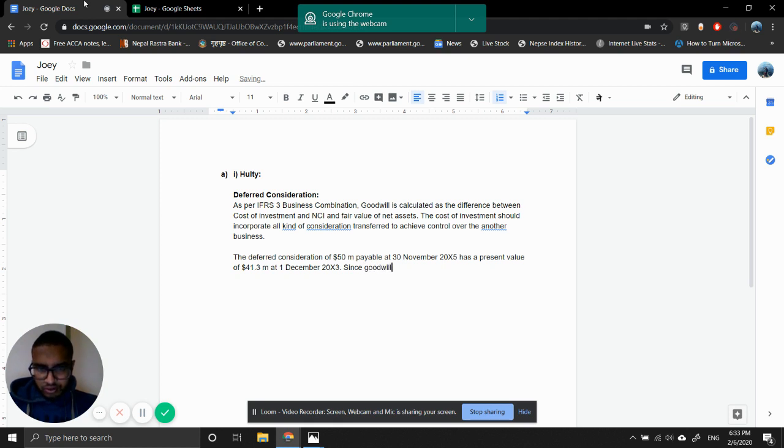Since goodwill does not include this figure, because in the case of Hulti, while calculating goodwill, deferred consideration was not taken into account, goodwill will increase by this amount.